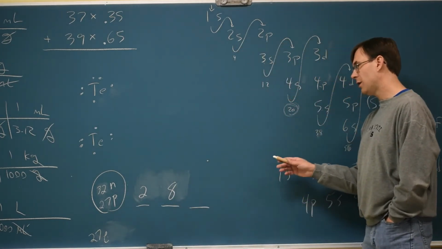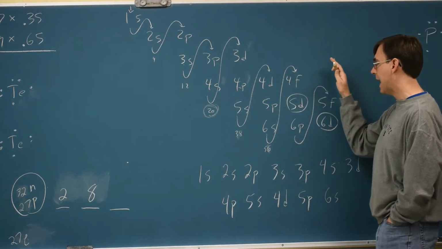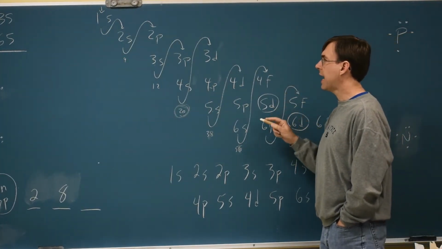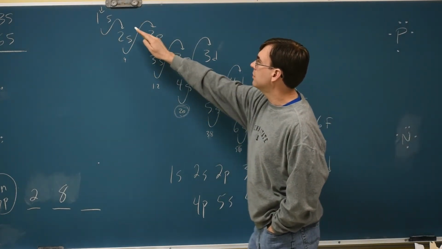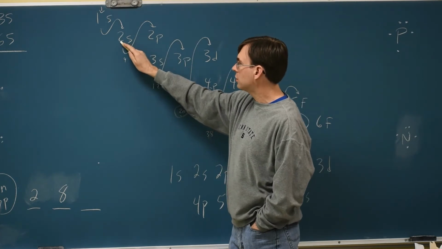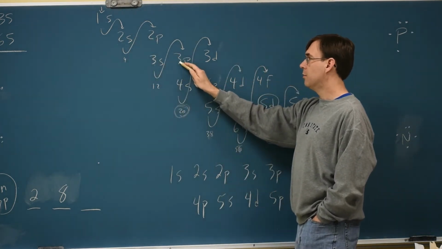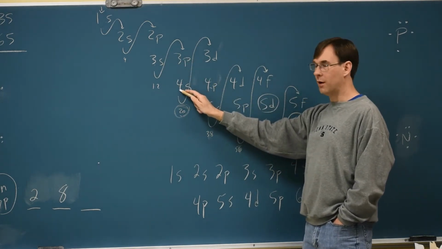But if you get to around the mix of level 3, the only way to do that is by using this chart. Because what starts to happen is you're working on level 3, after you have part of 1, you go to part of 2, and then more of 2. A little bit of 3, a little bit more of 3, but before 3 gets filled, you go up to 4.